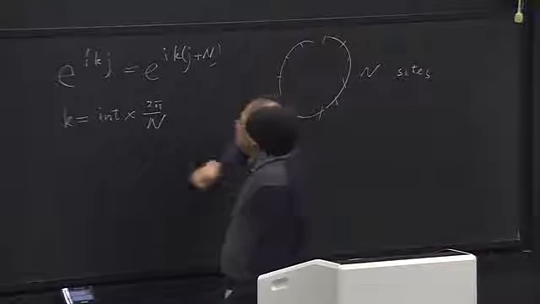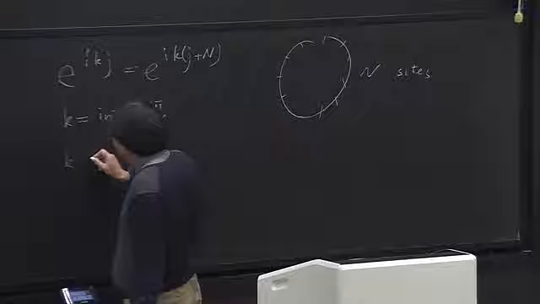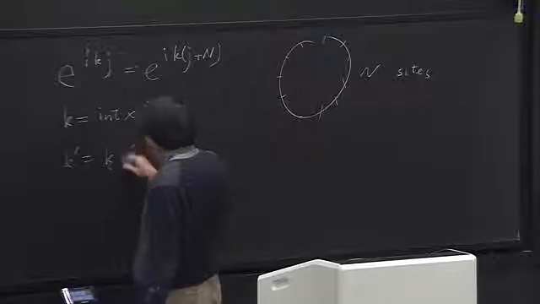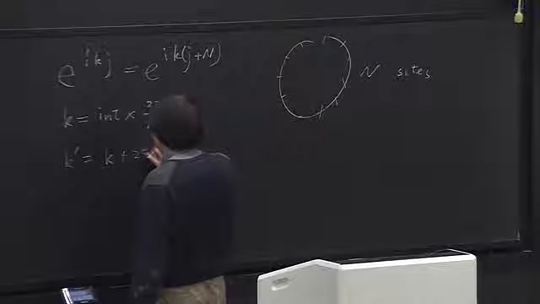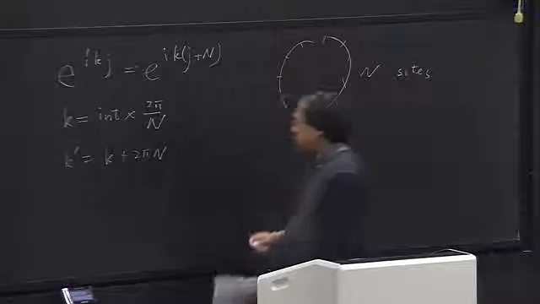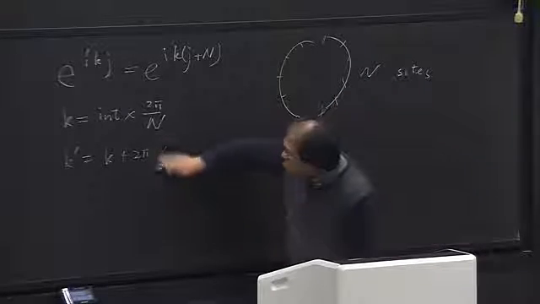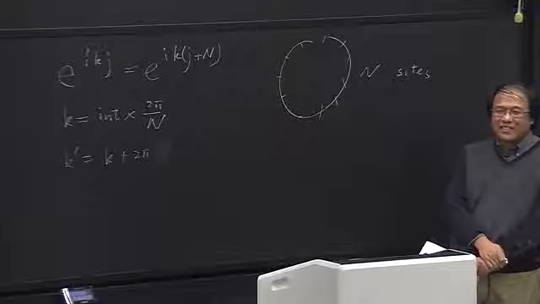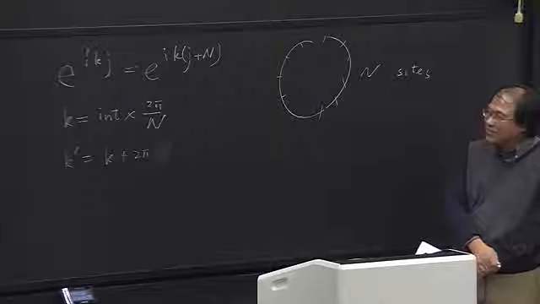You can easily see that if k prime is equal to k plus, say, 2 pi times n, no, not 2 pi times n, 2 pi. I'm sorry. If k differs by 2 pi, they are the same wave function.